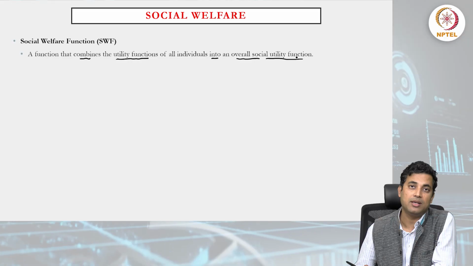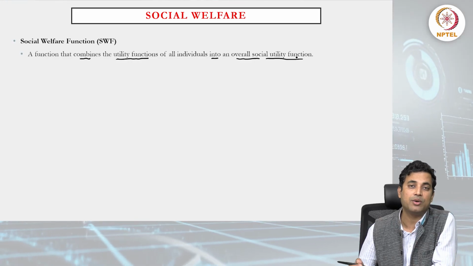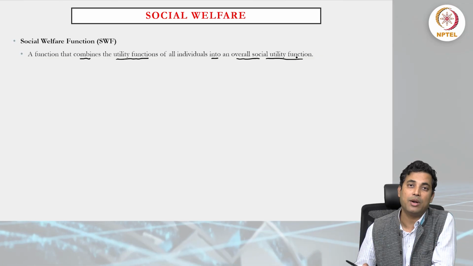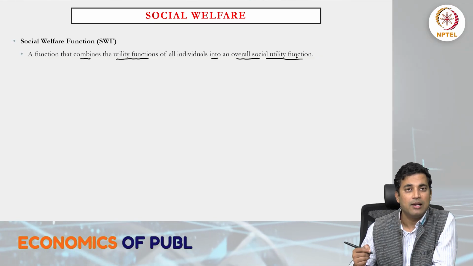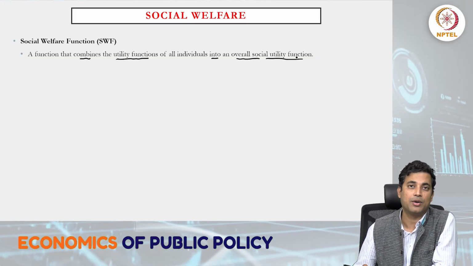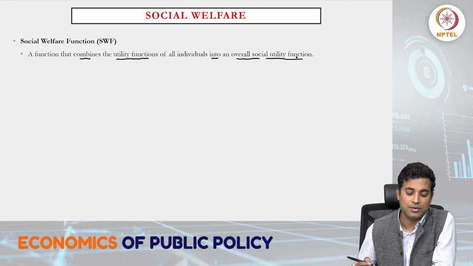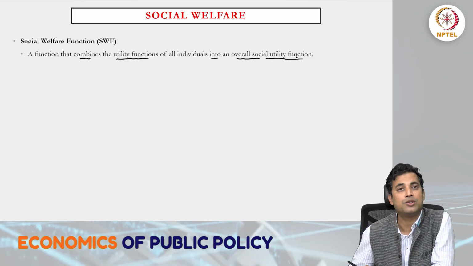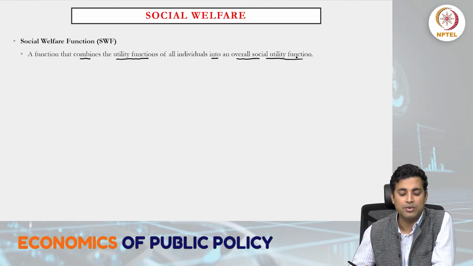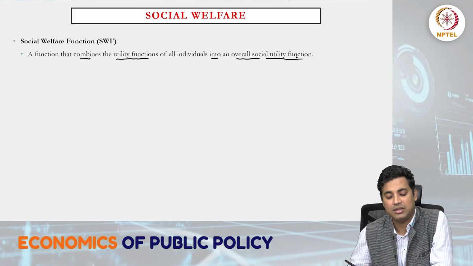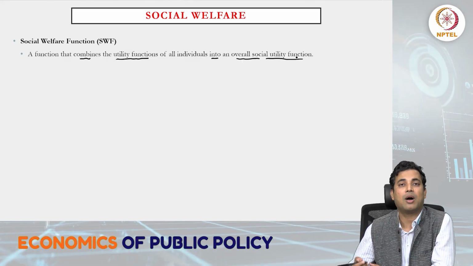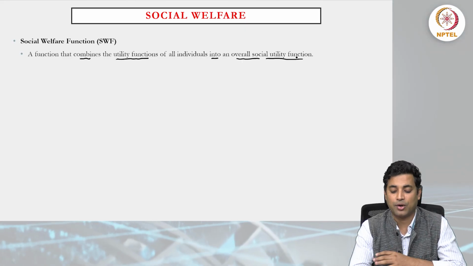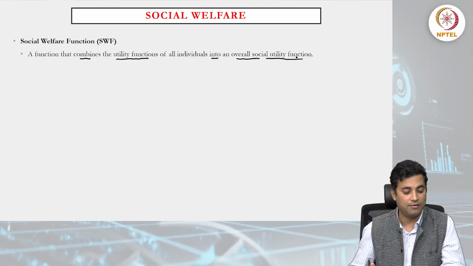So market utility also gets defined from the summation of all individual utility, a similar concept that we use here while defining overall social welfare functions, where the utility functions of all the individuals will be taken into account in an overall social utility function.